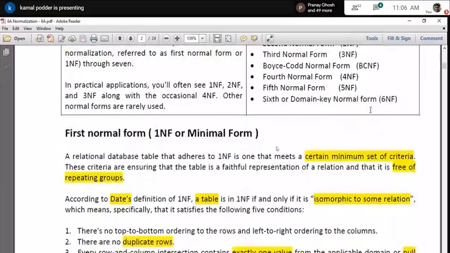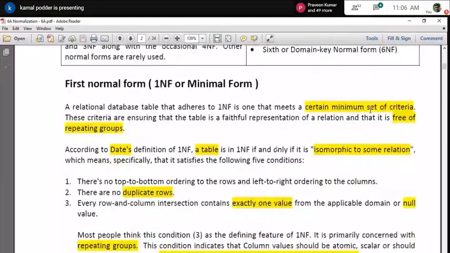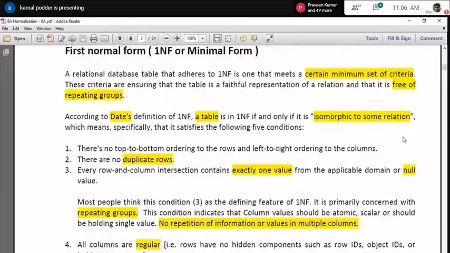Okay. Now let's see what is first normal form. This is a starting point, so naturally it gives some minimal guideline. It is not covering all guidelines. Why is it not providing all the guidelines in one shot as only one normal form?